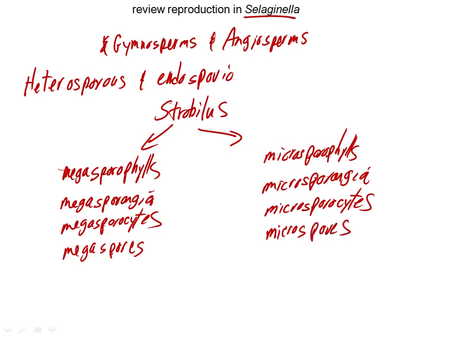And because the gametophytes are endosporic, we're going to find inside those spores the megagametophyte and the microgametophyte in the microspore.